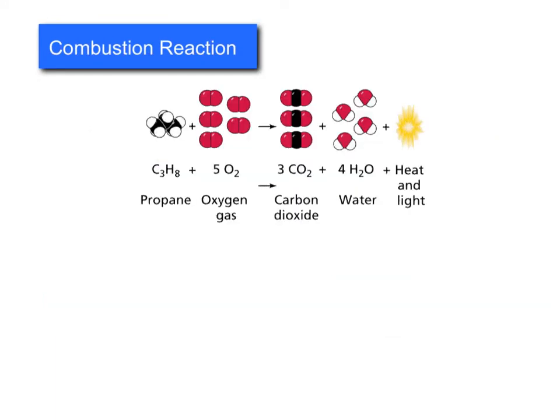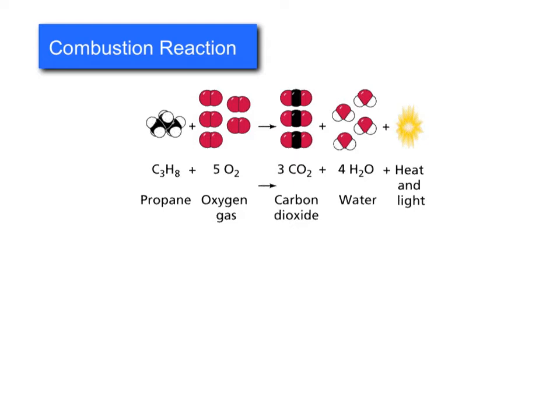All right, and then one other kind, this falls into a slightly different category. This is called a combustion reaction, and it doesn't behave in the same way that the others do. But in this, you always start with a hydrocarbon. Remember, our hydrocarbons are the ones we learned the names of, methane, ethane, propane, and so on. And it always reacts with oxygen gas to make carbon dioxide and water, and then heat and light is generated.